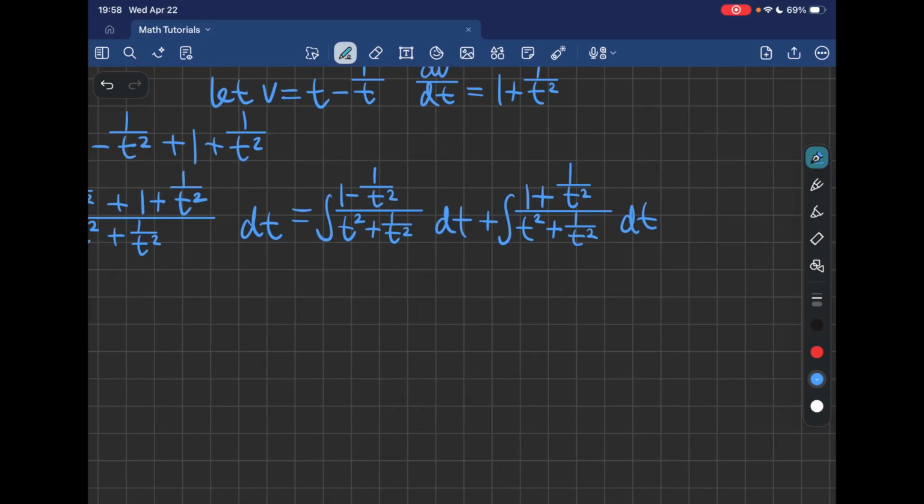Right, so they only differ by this positive and negative sign in the numerator.